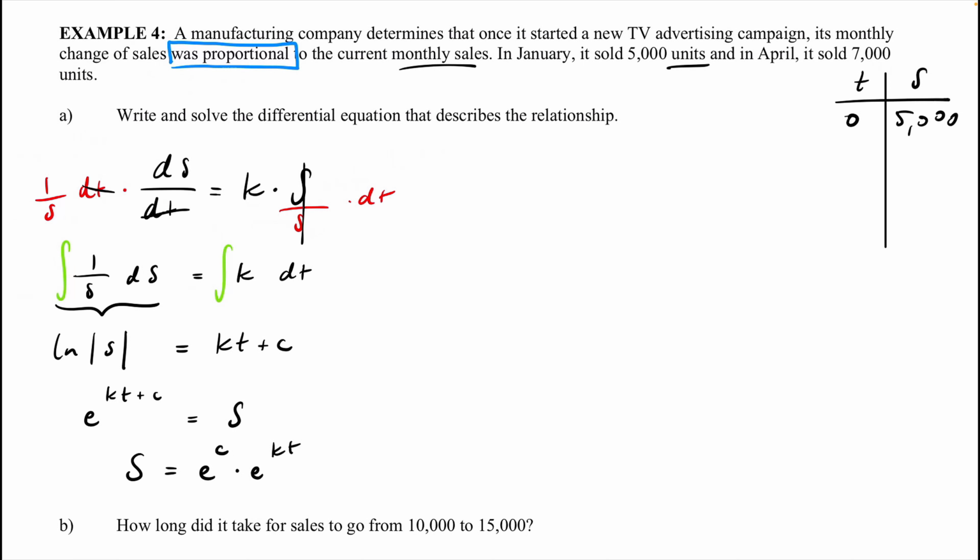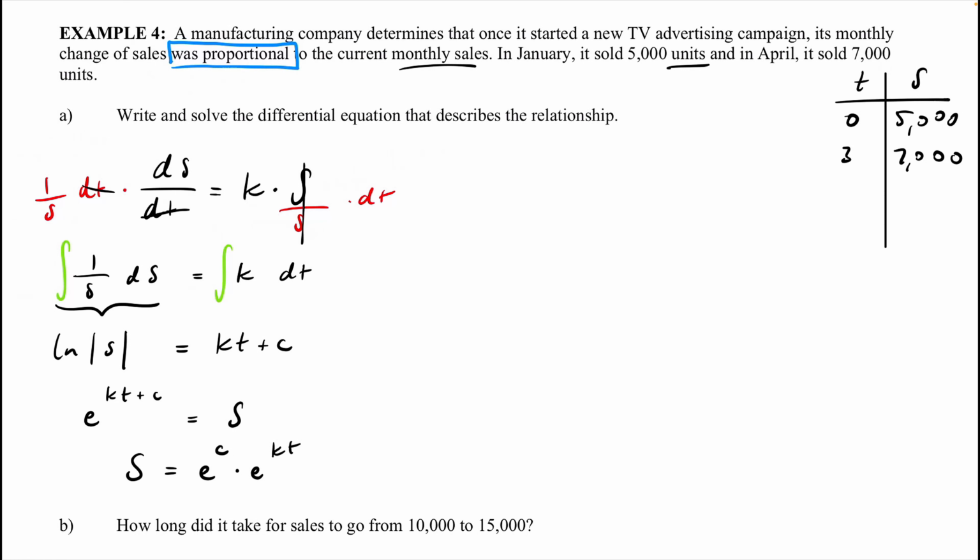Careful. 3. Yeah, not 4. Because if January is 0, February is 1, March is 2, April would be 3, yeah. And that's 7,000 units, right? And then that's all they gave us, right?